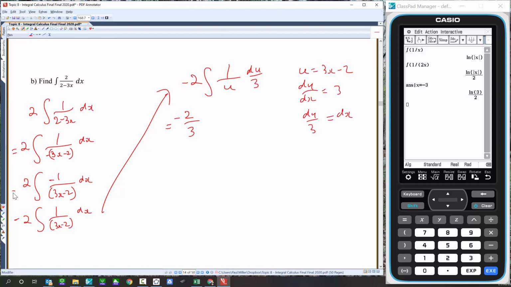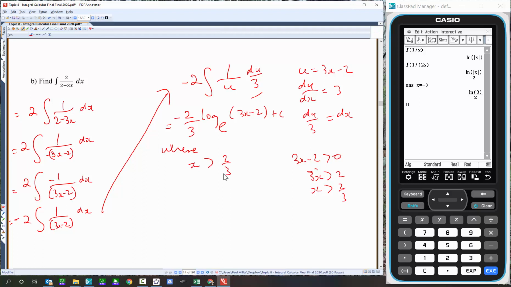Probably should put some equal signs in here as well, it's pretty bad form. And that's going to be integral of 1 on u is log e, and we're going to do |3x take 2| plus c, where 3x take 2 is greater than 0, 3x greater than 2, x greater than 2 on 3. So where x is greater than 2 on 3.